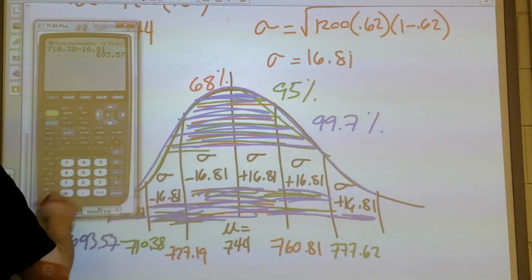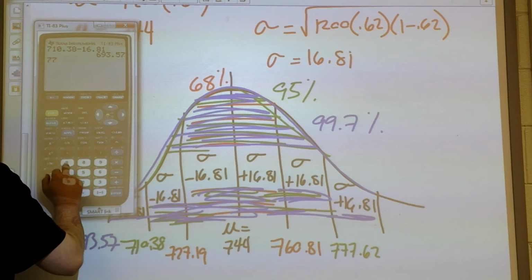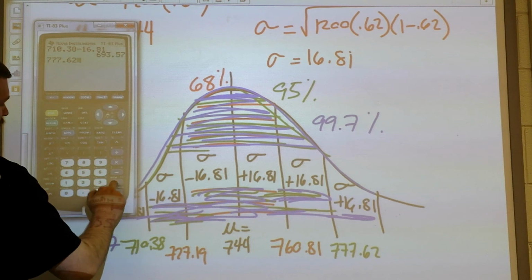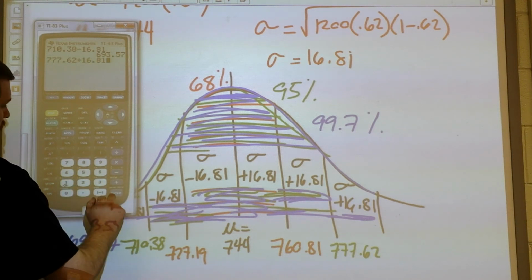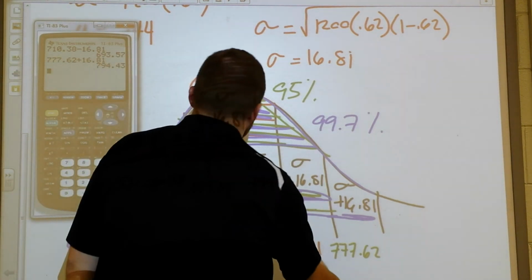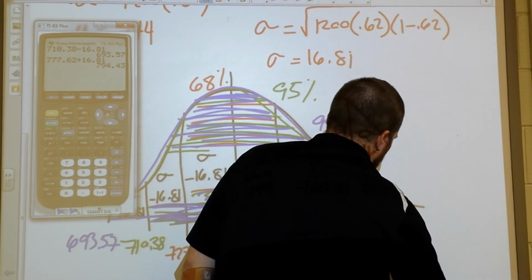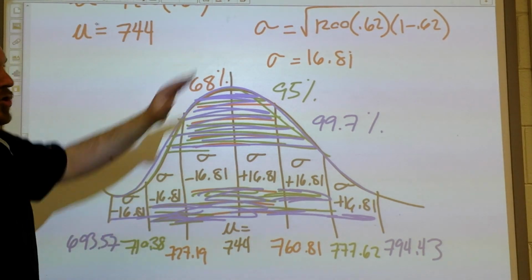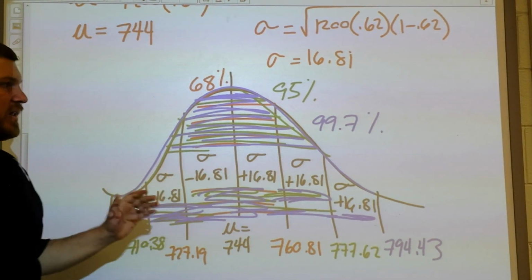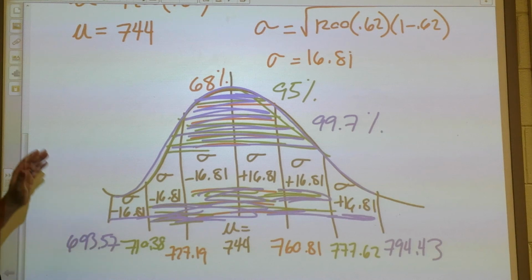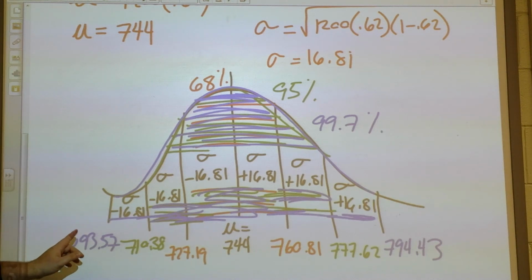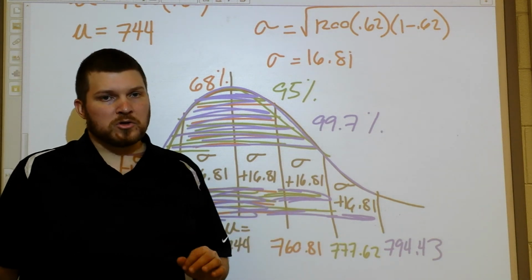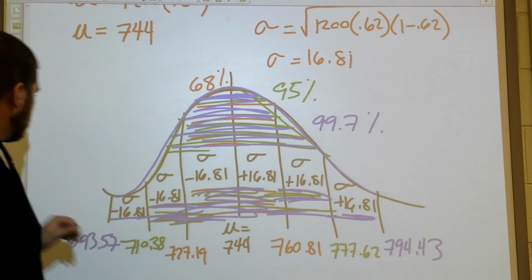On the upper end, if we go 777.62 plus 16.81, we get 794.43. So again, out of all 1,200 people who were interviewed, we're 99.7% sure that between 694 and 794 voters will agree on this school bond measure.